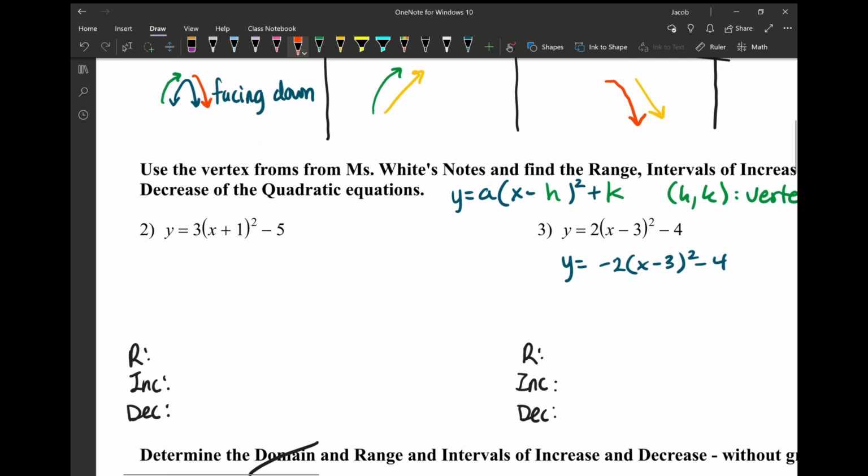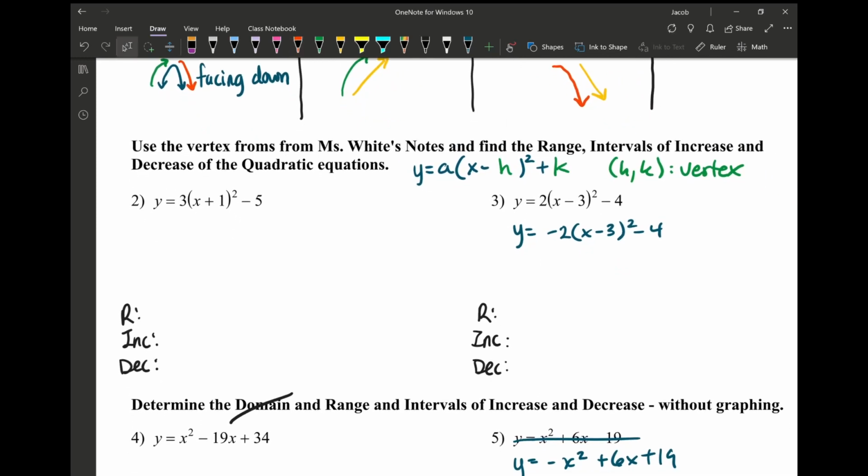Right, so in Miss White's notes, she had these two quadratics after you completed the square. And completing the square was the tough part, but for intervals of increase and decrease and the range, that just boils down to the vertex.